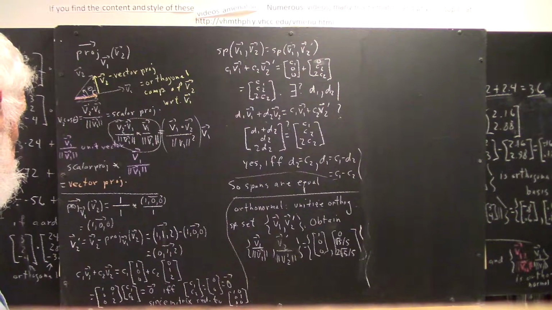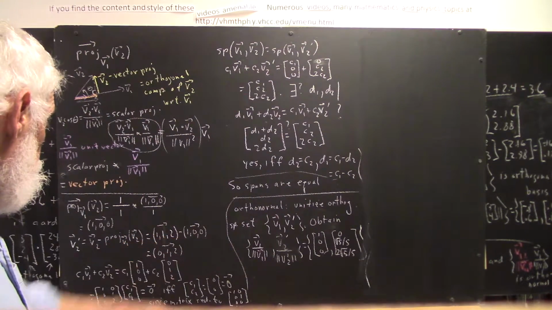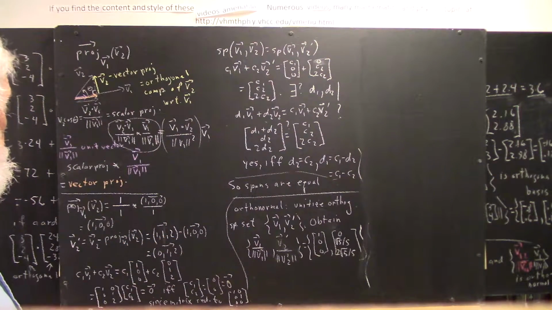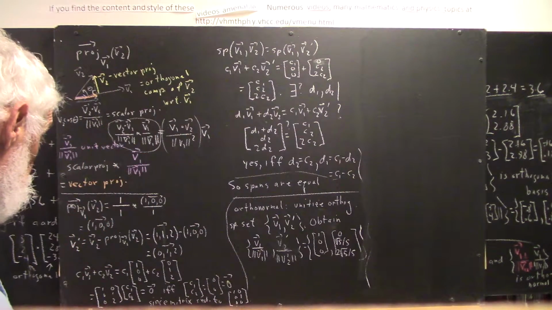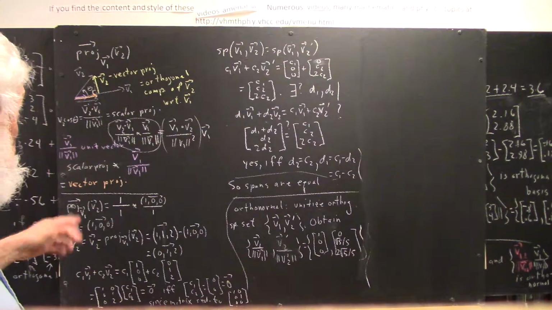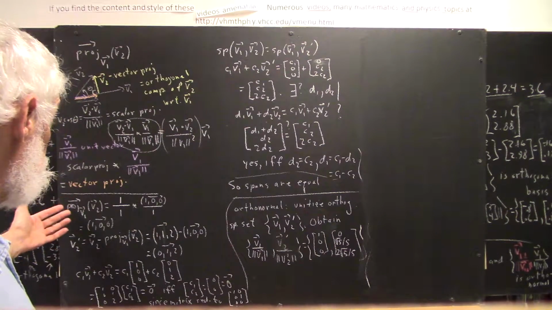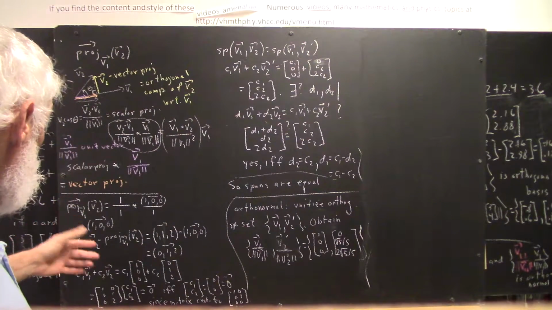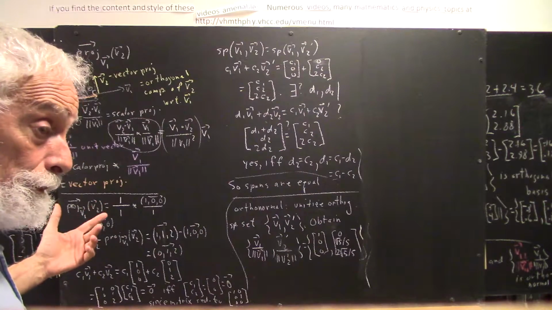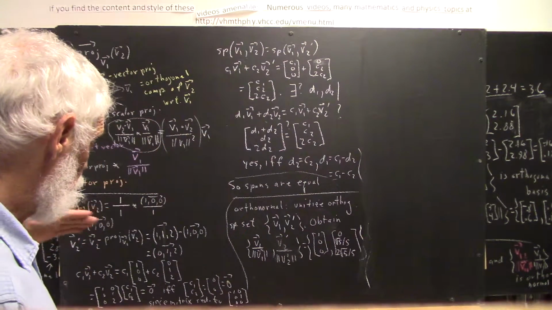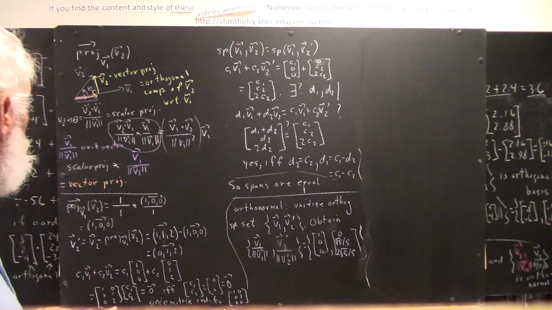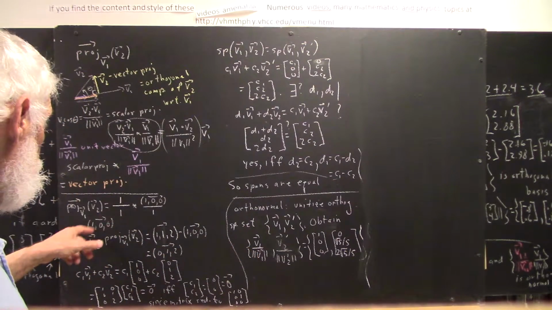Yeah, there. And of course, you have the documents. I'm assuming you're looking at the document. So it's very straightforward that the scalar projection is 1. The projection of the vector 1, 1, 2 onto the vector 1, 0, 0 is just 1.